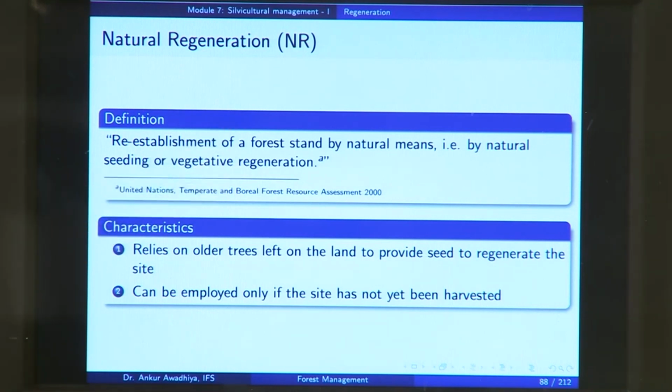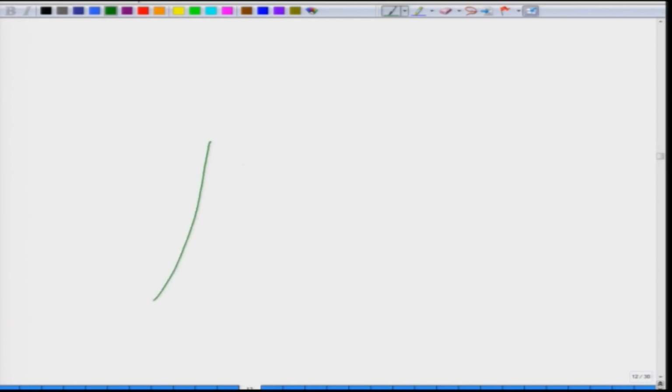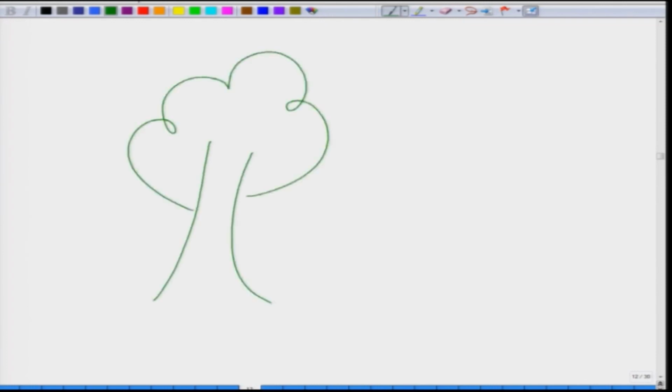A good example of vegetative regeneration is coppicing. Now, what happens in coppicing is that you have this tree, and then for harvesting of timber, this tree is cut at this location.